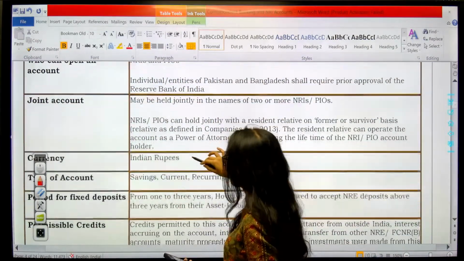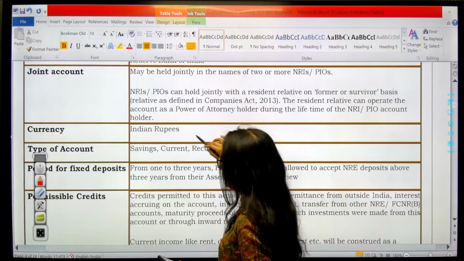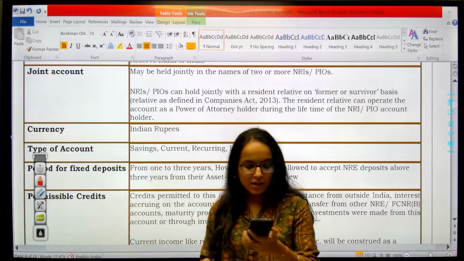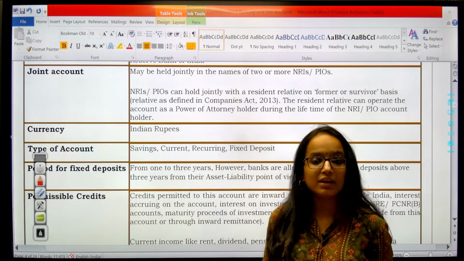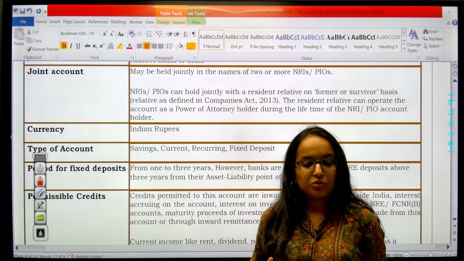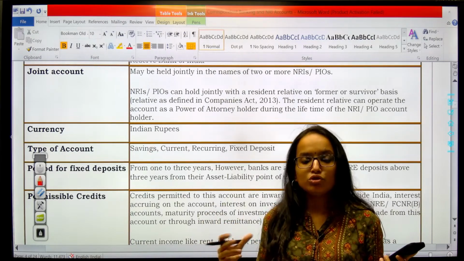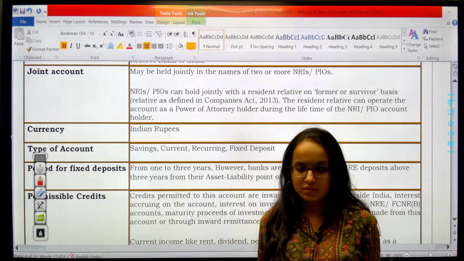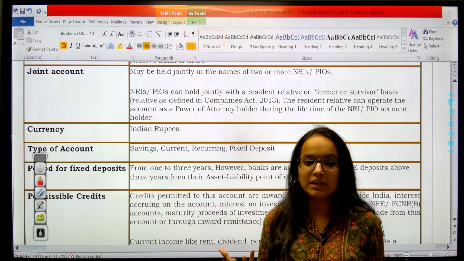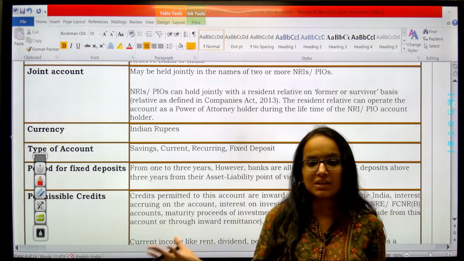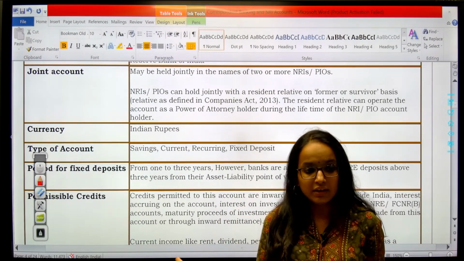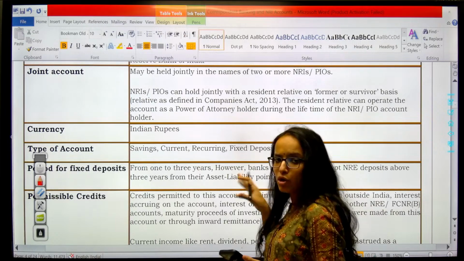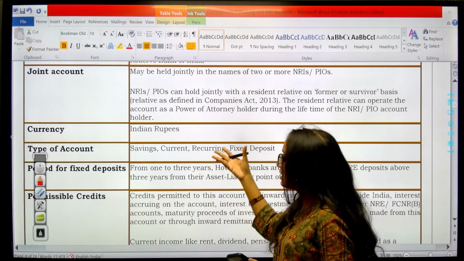Then, is there any provision of a joint account? Can you open the account jointly with a relative, or hold a joint account with your relative residing in India? So is there any provision of joint account in NRE? Let's see.